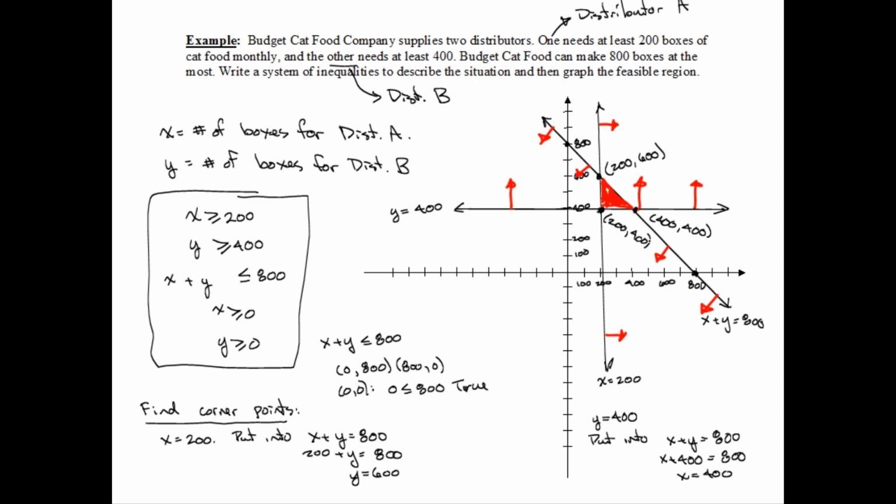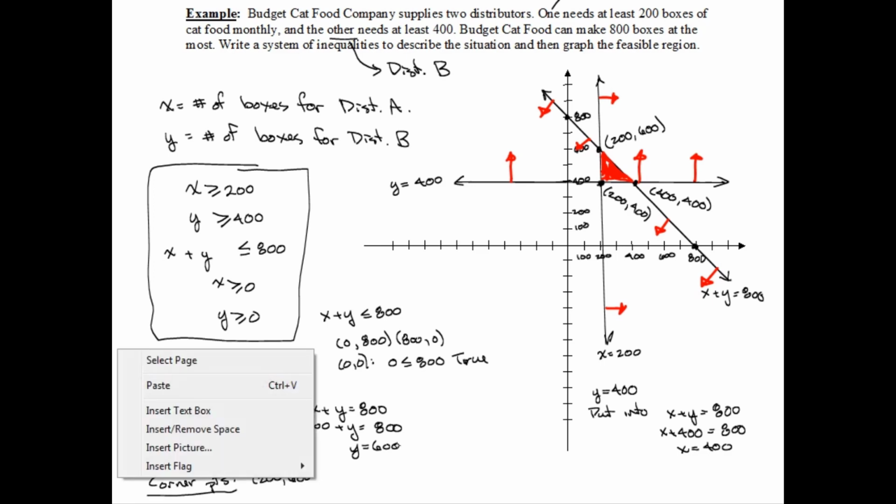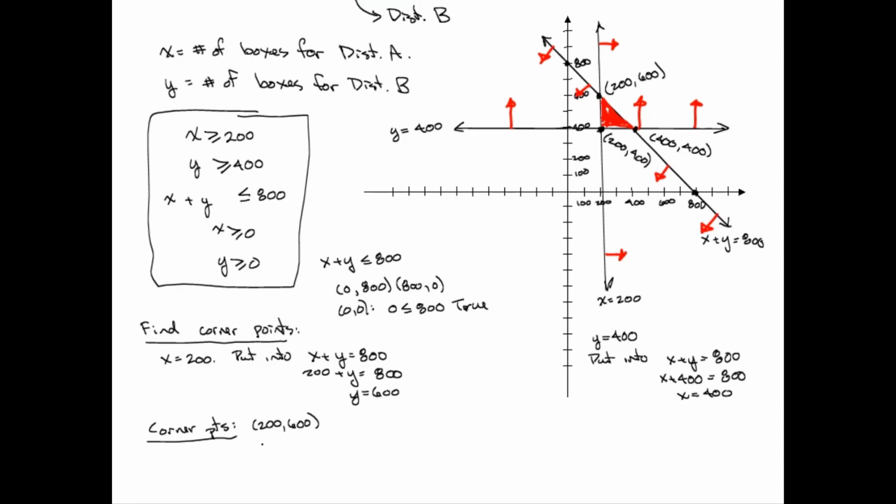So there are my corner points. So we have our 200, 600, 200, 400, and 400, 400.